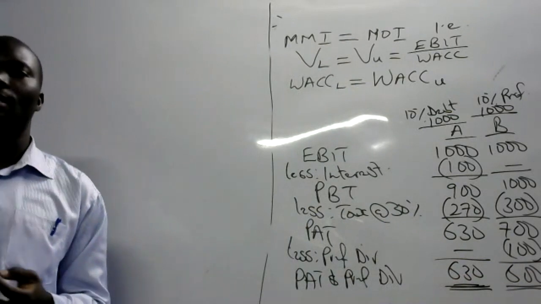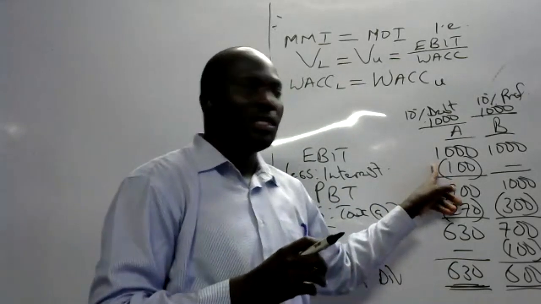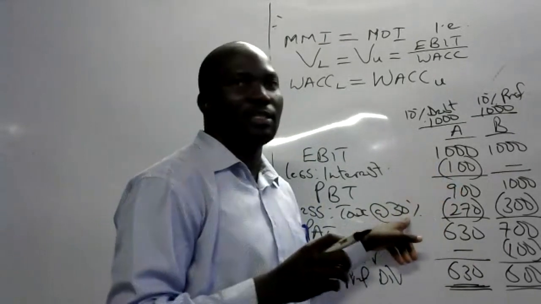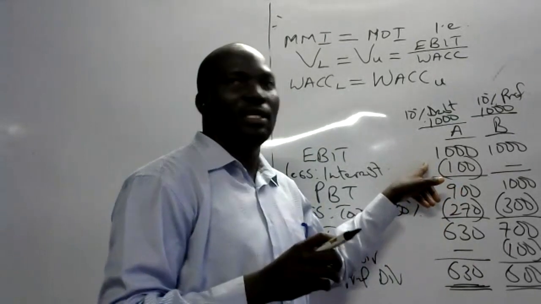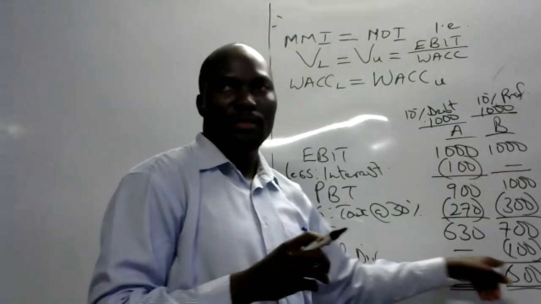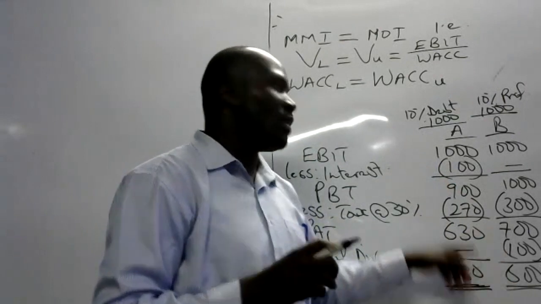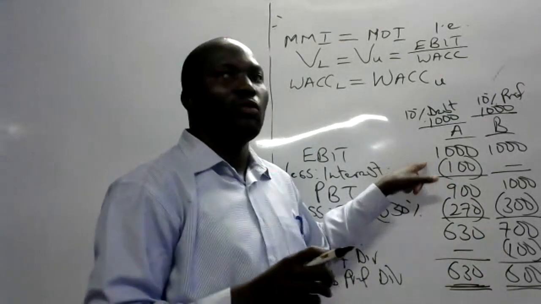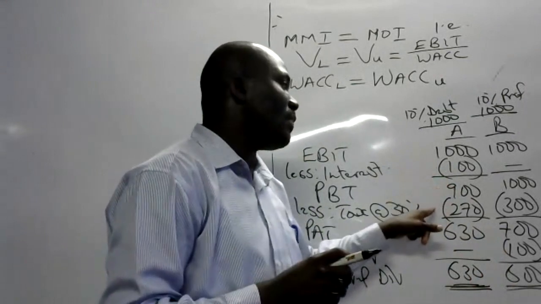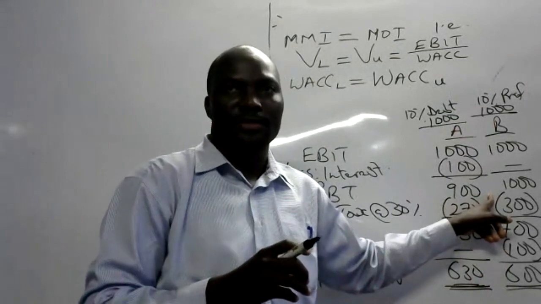The interest is 100, and 30% tax rate of 100 is 30 shillings. Why are we saving? Because we pay interest before taxation. So the tax we pay is less compared to the company without debt.